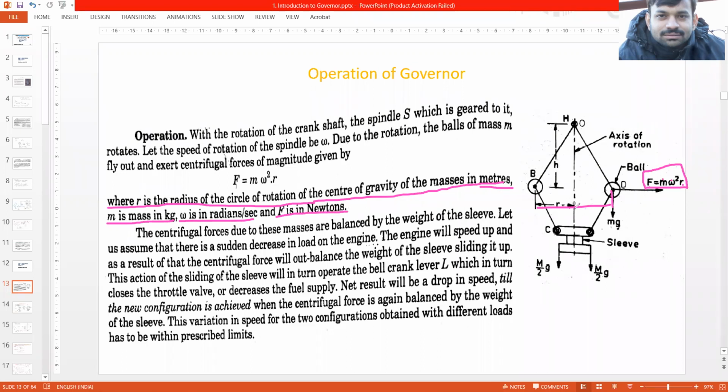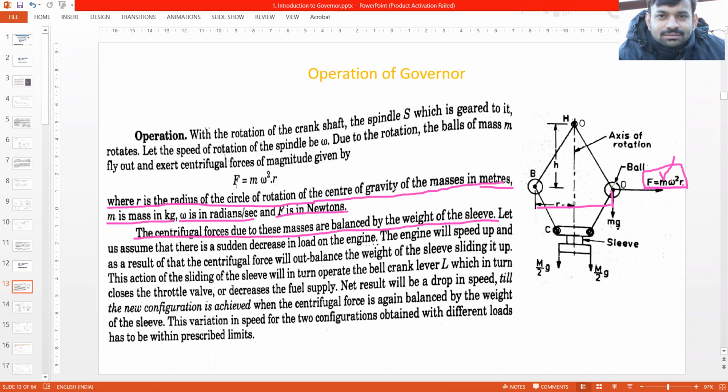So when the spindle rotates, along with it the arms, sleeve, and balls also rotate. Because of rotation, these balls exert an outward force, which is centrifugal force, and its value will be F = m omega square r. So pretty straightforward up to this point. Now, the centrifugal forces due to these masses are balanced by the weight of the sleeve.